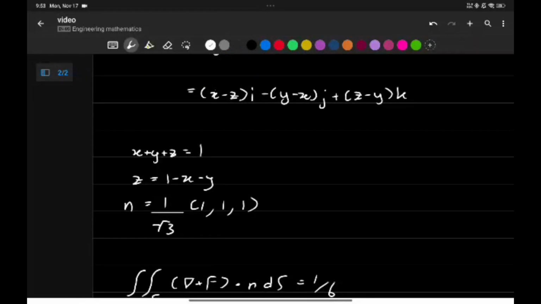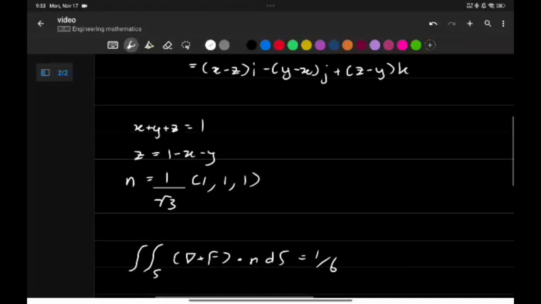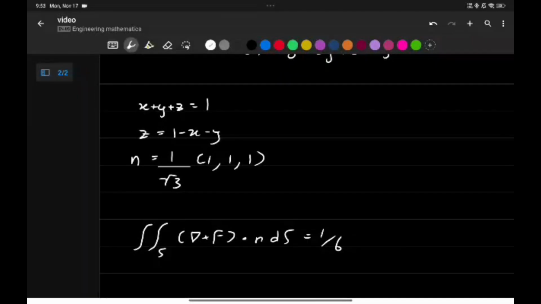Then, we will find the normal vector and surface limits. For the plane x plus y plus z equals 1, we get z equals 1 minus x minus y, and then n equals 1 over √3 times (1, 1, 1).